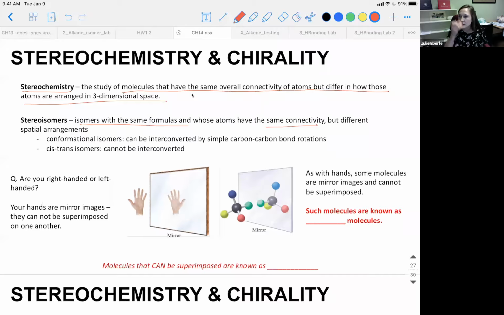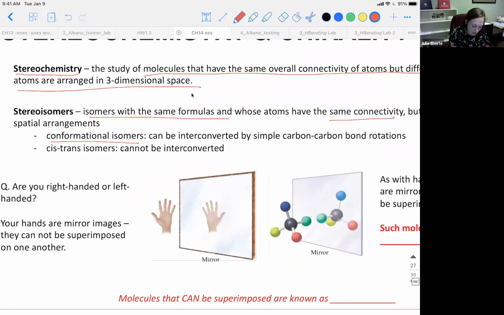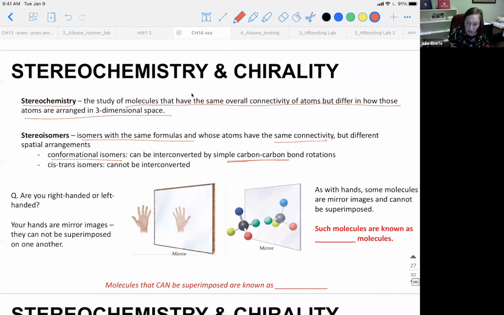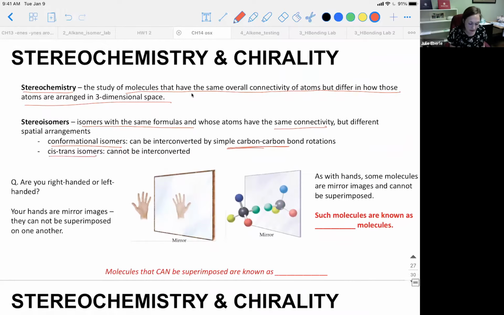Within the umbrella of stereoisomers, you can have conformational isomers, okay? Because we can rotate carbon-carbon single bonds and make them look different. Or remember, we can have cis-trans isomers. We've already looked at what cis-trans isomers are. But both of these kinds of isomers are what we call stereoisomers.